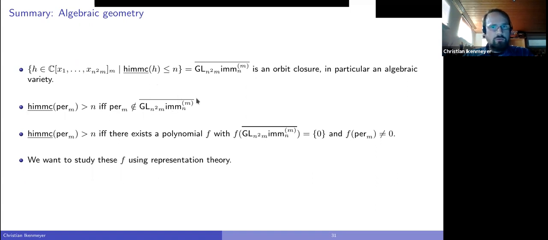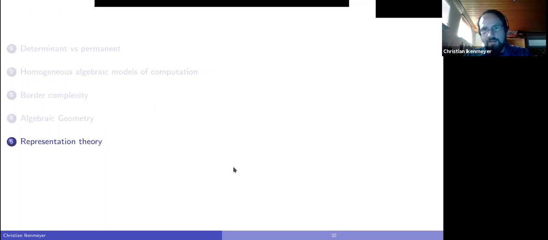And we know orbit closures are Zariski closed. So a lower bound exists if and only if there's a polynomial that vanishes on the orbit closure but doesn't vanish on the point. Now we want to study these f that vanish on these orbit closures using representation theory. That's the last thing I want to talk about.